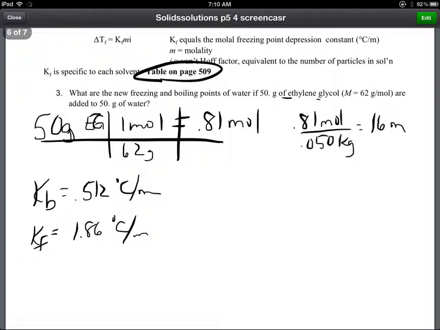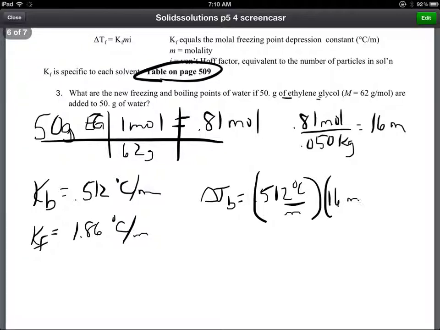So these are just going to plug into your equation. The delta T_b is going to be your 0.512 degrees Celsius per molal times 16 molal. And ethylene glycol is also organic, so molecular.